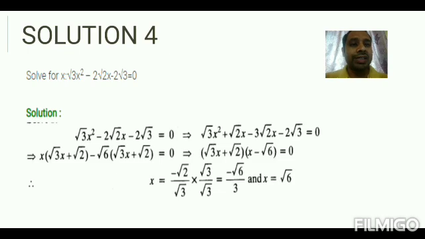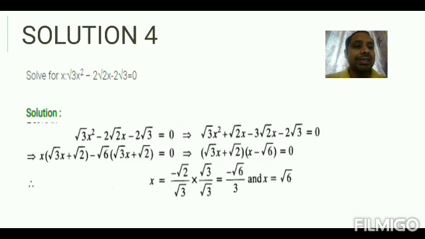Therefore, if we take out x, inside there will be √3x plus √2. In the third and fourth term, minus √6 is common. If we take out minus √6 as common, inside there will be √3x plus √2. Again, √3x plus √2 is common. Therefore, if we take it out, inside there will be x minus √6.